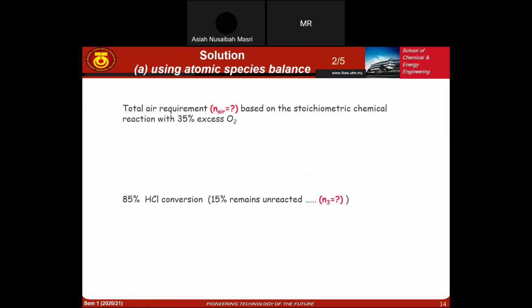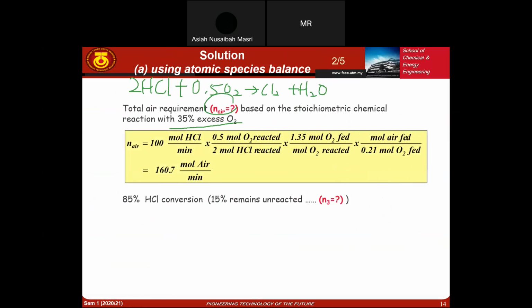Let's start with how we solve for air using the information of 35% excess of oxygen. Remember back the equation, we have here 2 HCl plus 0.5 oxygen to get Cl2 plus H2O. So how much is air? We know that the inlet for HCl is 100 mole HCl per minute. This is our limiting reactant because air is put in excess.